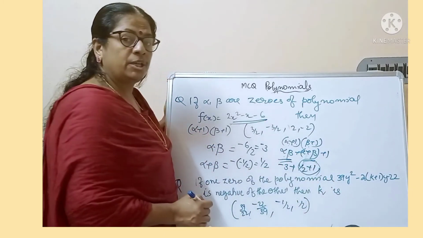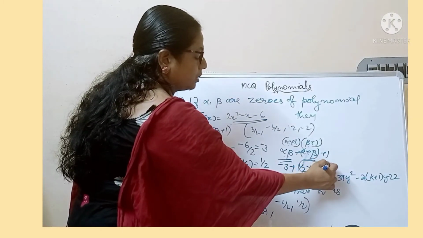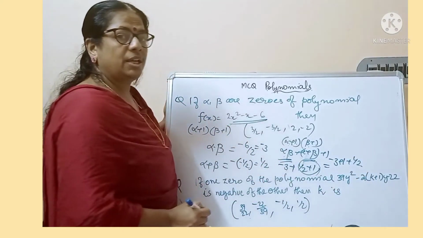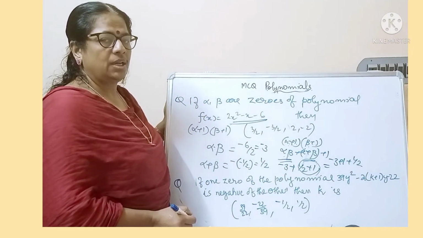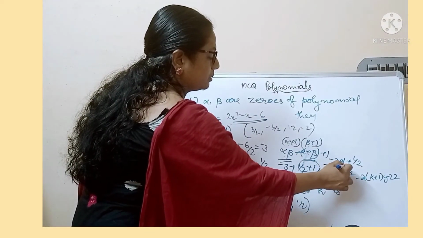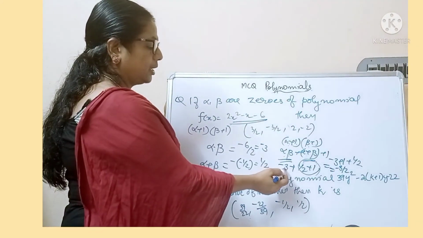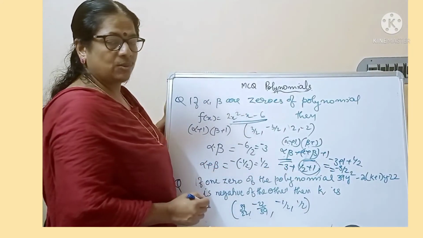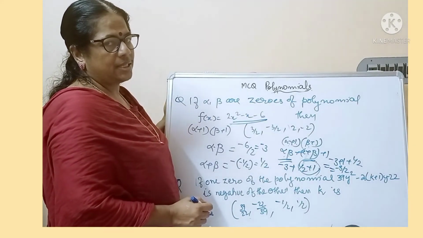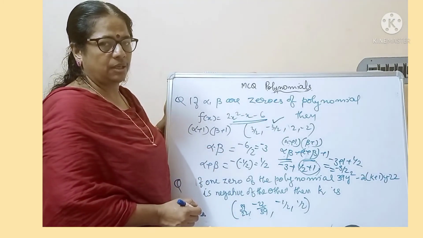Negative 3 plus 1 is negative 2. Negative 2 plus 1 by 2 is negative 3 by 2. Or here, 1 by 2 plus 1 is 3 by 2, and negative 3 plus 3 by 2 is again negative 3 by 2. So we got the answer as negative 3 by 2.